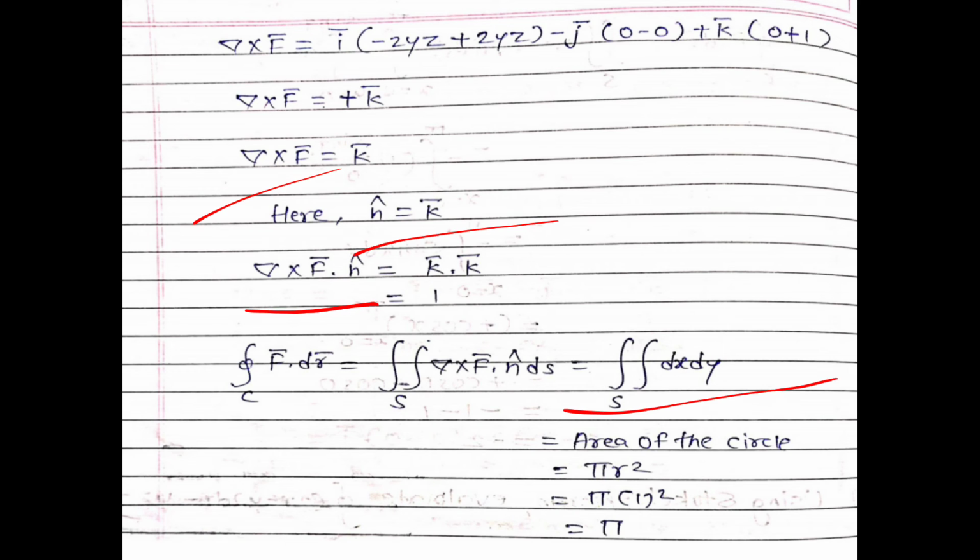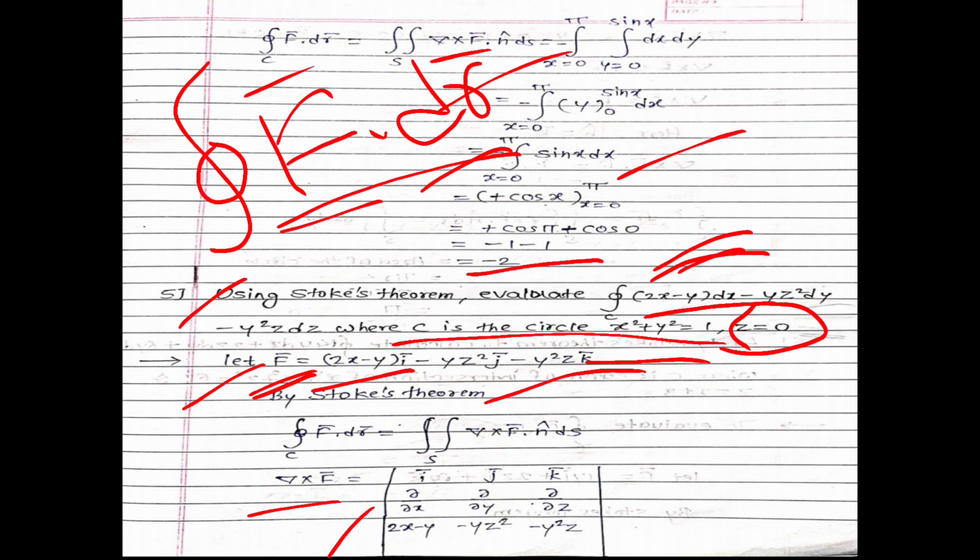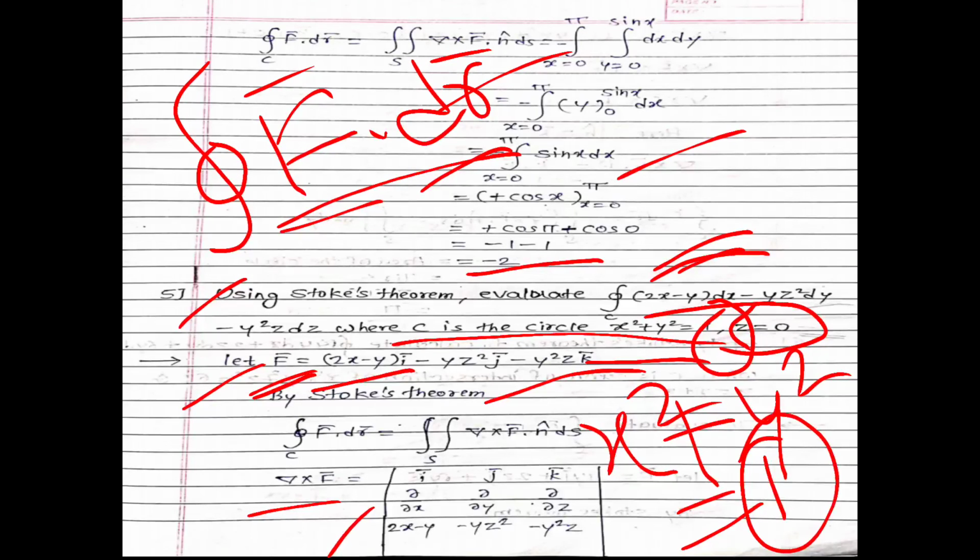So the surface can be written in dx and dy format. And we know that the double integration of dx dy is nothing but the area of the circle. The formula of the area of a circle is pi r square. Here the value of the radius is 1 from the equation of the circle, x square plus y square equals 1, so the value will be 1 because 1 square is also 1.